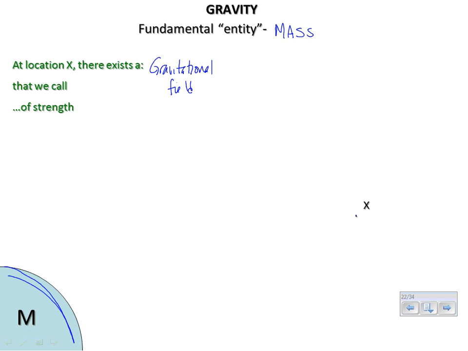So if big M there is the only mass in the universe, at location X where there's nothing, there exists some gravitational field there that we refer to as g. Wait, I thought g was gravitational acceleration. Well, they're the same thing. The fact that we say g is 9.8 meters per second squared is due to the fact that the Earth's gravitational field near the surface of the Earth has a strength of 9.8 newtons per kilogram.